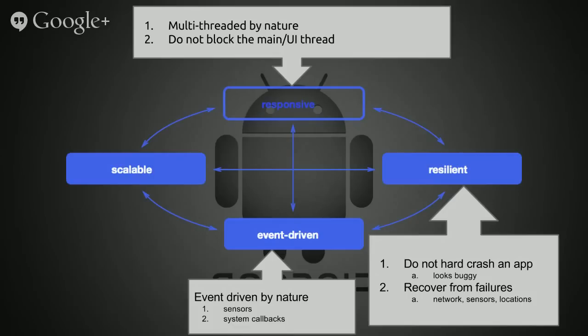Think about the location manager, the location client that connects to the GPS for receiving locations. You always get events every time the location changes. Think about other sensors that also send events, or a connection that gets established or lost. They are just events happening on a mobile device.